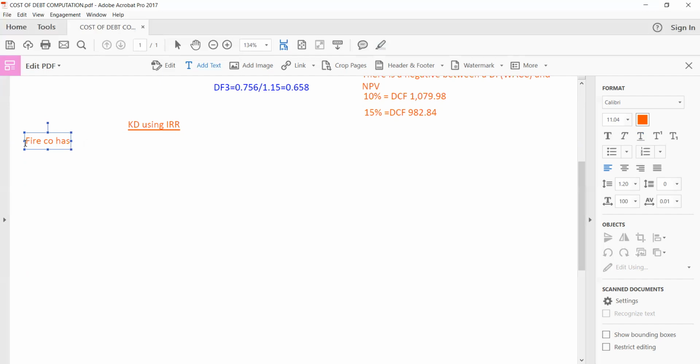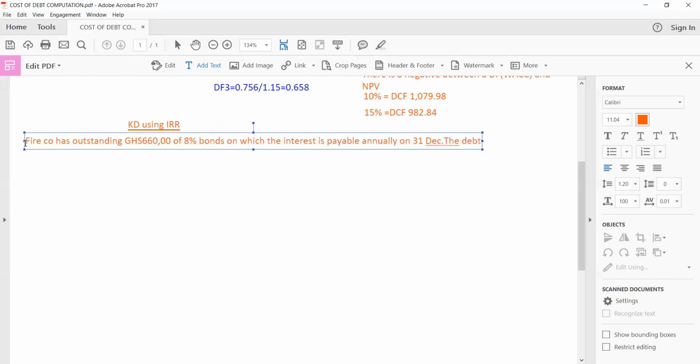Fire Coal has outstanding Ghana cedi 660,000 of 8% bonds, on which the interest is payable annually on 31st December.